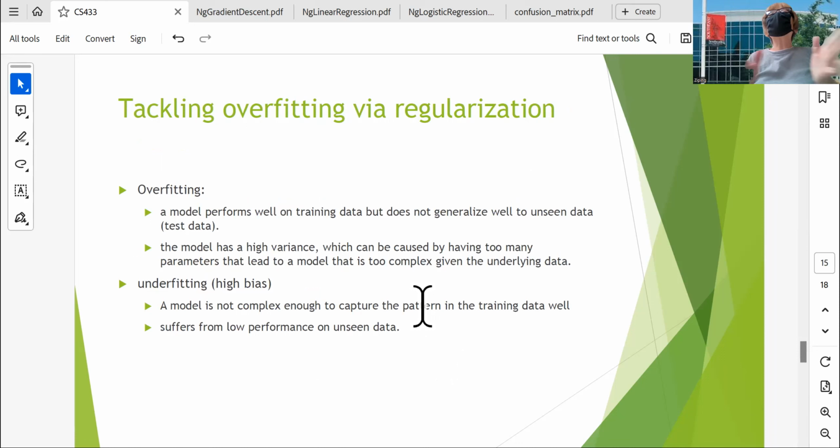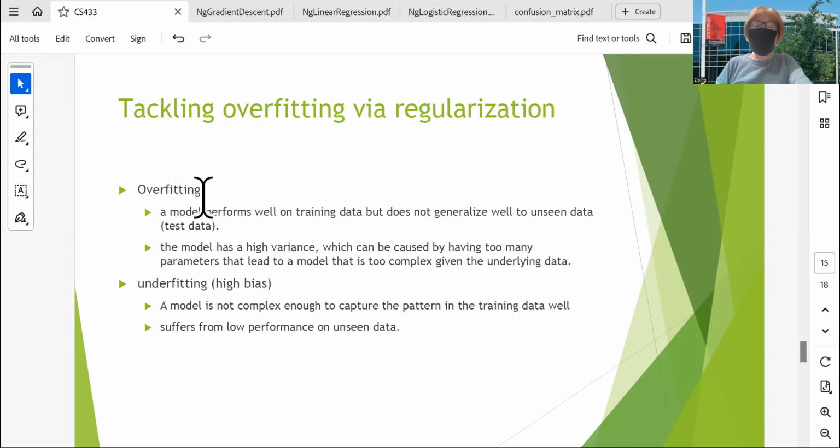And today we will learn another concept called overfitting and underfitting. So what is overfitting? Overfitting is that the model performs well on training data, but does not perform well on testing data or prediction data.